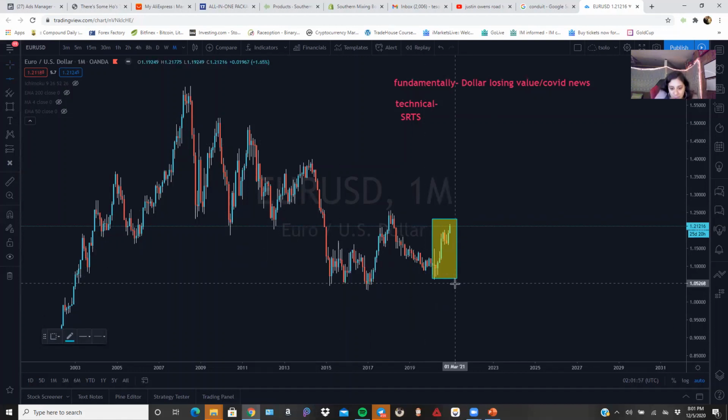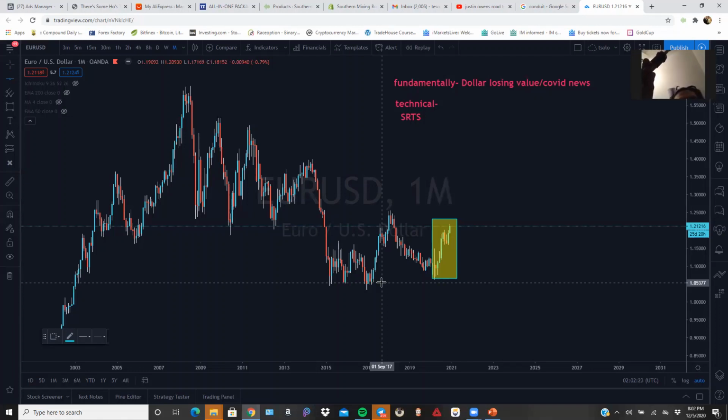All right. So support. Right here where I'm holding this cursor, I'm going to place a trend line, and this is why we have to chart, right? Because what is happening on the chart, we can see, me as a trader that's been trading for almost 3 years, I can see it without actually having to mark it, right?